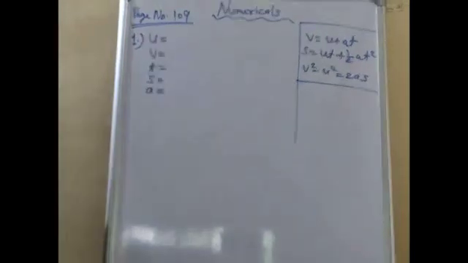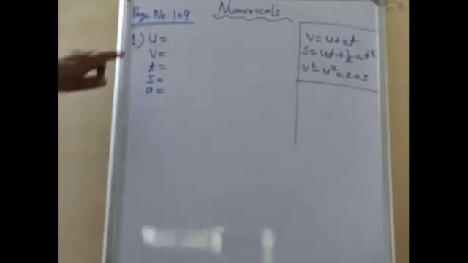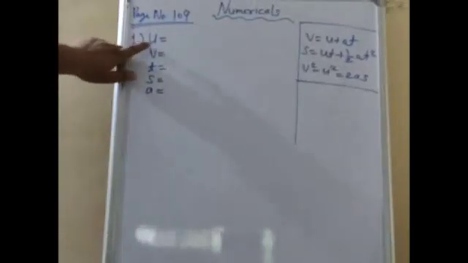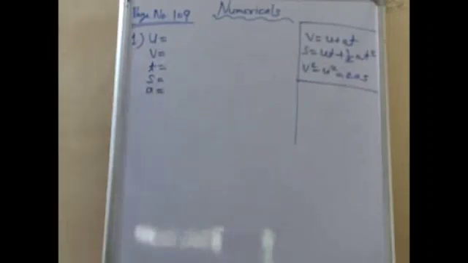A bus starts. Before solving any numerical, just write down first U, V, T, S, A, because only 5 things are available in these formulas. So any one of them you have to find. So just write down first and then see the question. A bus starting from rest.